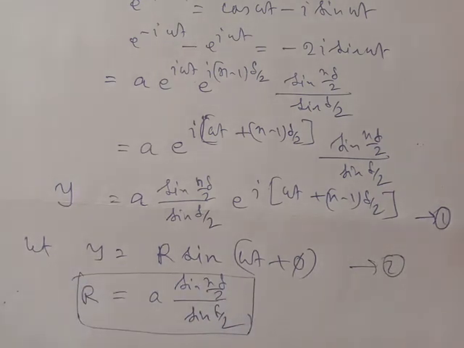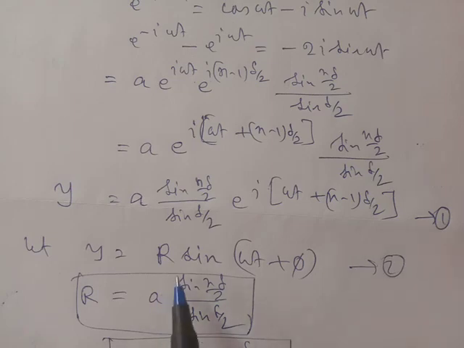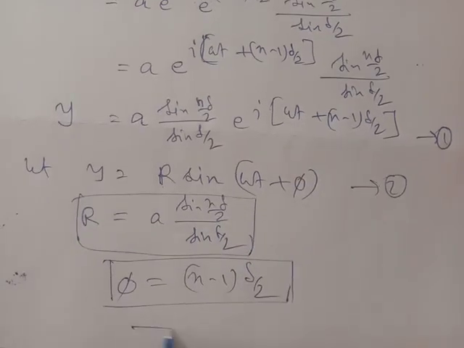So this is the resultant amplitude, and phi is the phase difference between the wave y1 and the resultant, and what is phi? phi is n minus 1 delta by 2. So equations 1 and 2 will give the resultant displacement having a resultant amplitude r and the phase angle phi, which is with respect to the first wave. Okay, next class.